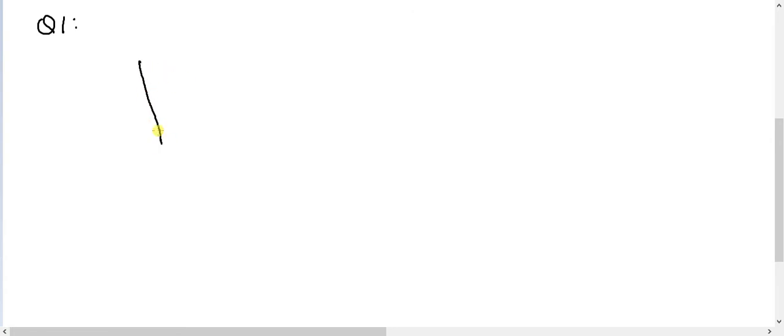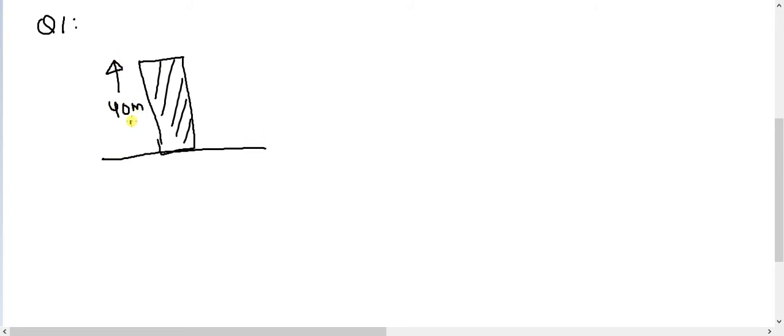That means there is a tower, this is the tower from the ground level and it's 40 meters high, and there's a ball which is thrown upward from this point with a velocity of 10 meter per second.